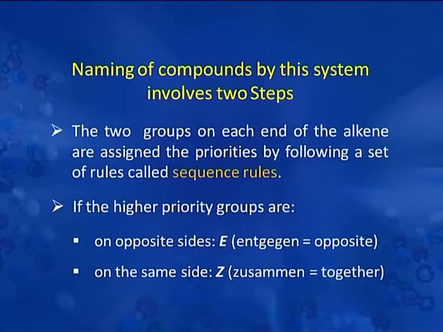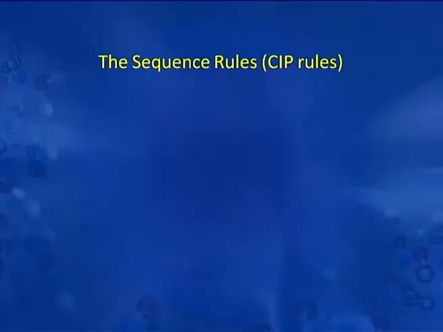This E and Z are derived from two German words, entgegen and zusammen. Entgegen means opposite and zusammen means together. So in this system the two different geometrical isomers are assigned as E or Z. Now let us discuss the rules.